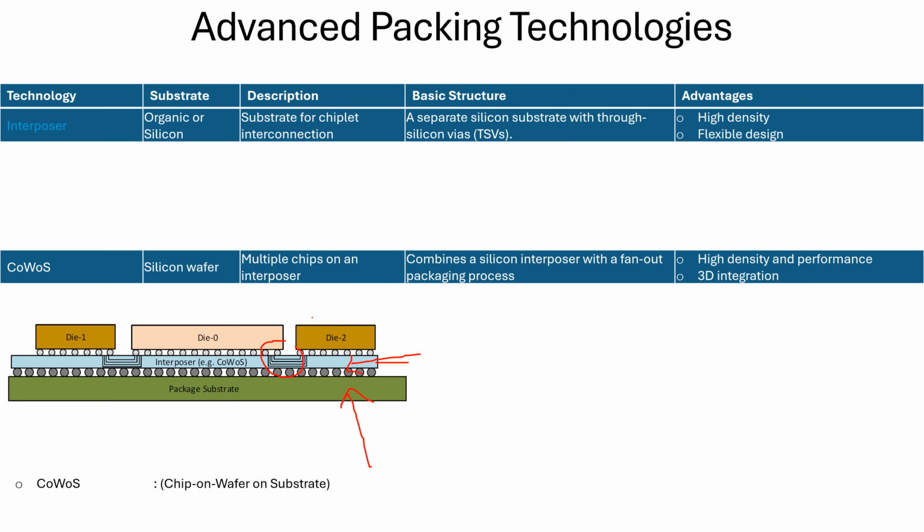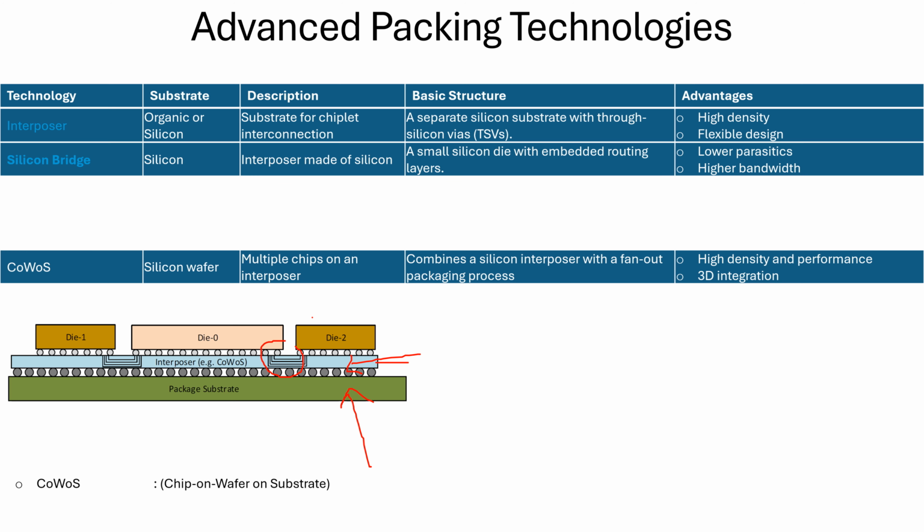This allows for better heat dissipation and electrical performance, because we have space between the routings. So CoWoS, chip on wafer on substrate, is a step further compared to the interposer, using a silicon interposer as a substrate, enabling higher integration and performance.